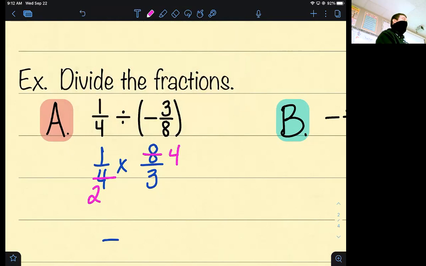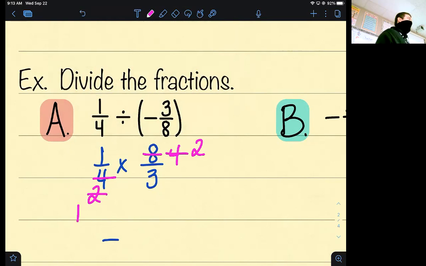Anything else cancel? Maddie says the 2 and the 4. What goes into 2 that goes into 4? Okay, so 2 goes into 2 twice and 2 goes into 2 once. And if I reduced by 2 twice, doesn't that mean I could have just reduced by 4 once? That would have given me the same thing.